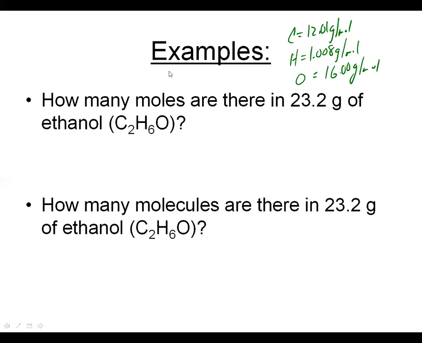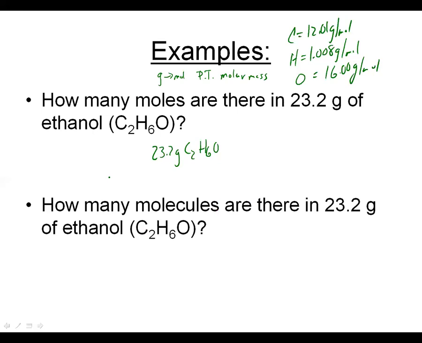All right, so starting with the first one here, we have 23.2 grams of C2H6O, and we want moles. Since we're starting with grams and we want to go to moles, we want to go to the periodic table and get the molar mass.